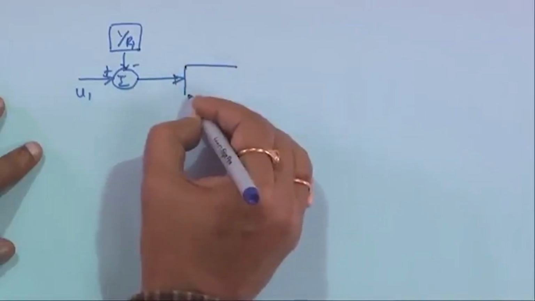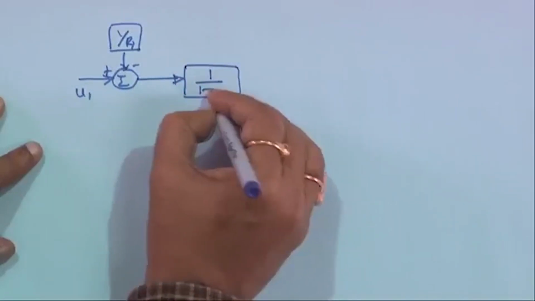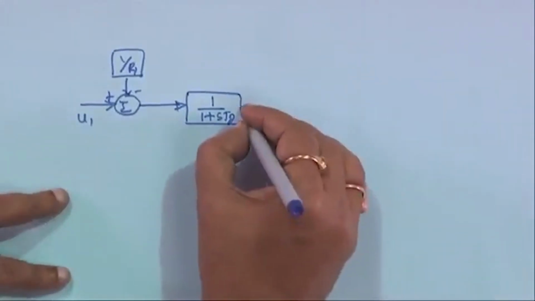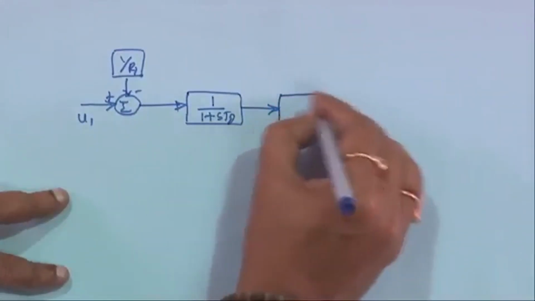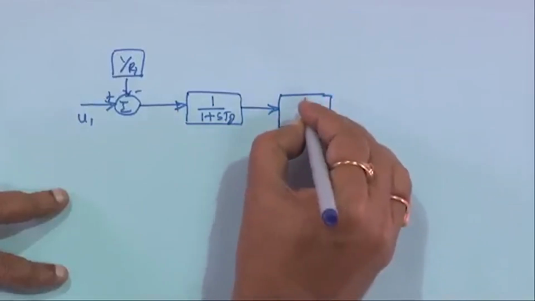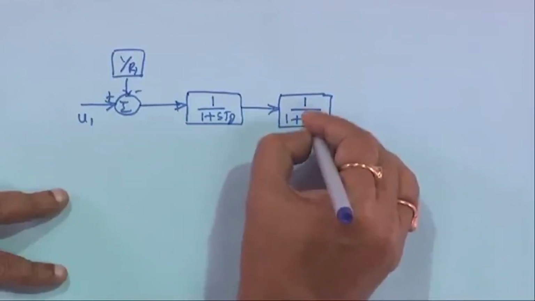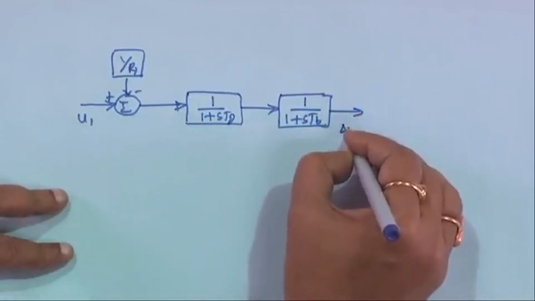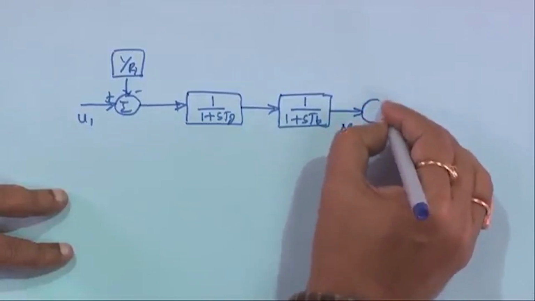This is 1 upon 1 plus s T_G, and this is 1 upon 1 plus s T_T, and this is delta PG.